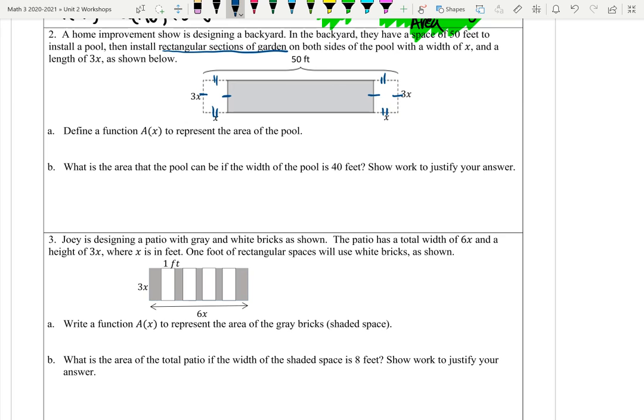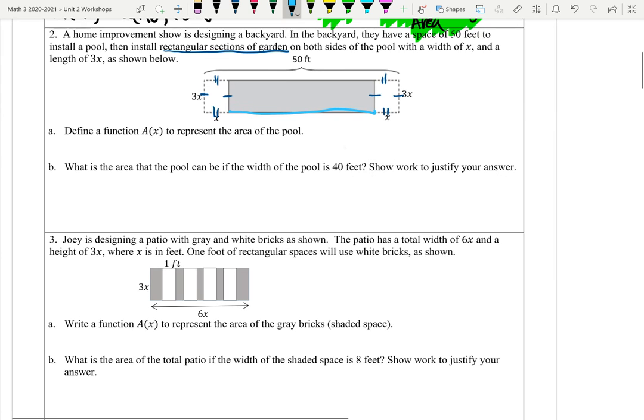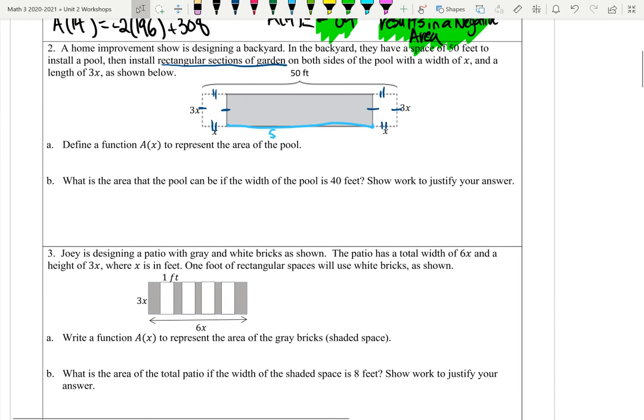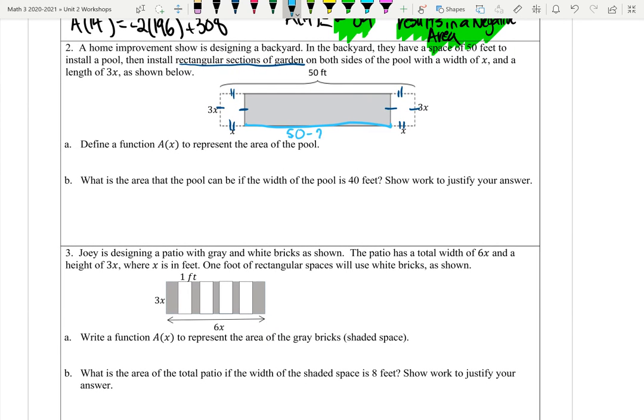So we need to, again, figure out what is going to be the length of the pool. I'm going to take 50 and take away 2x. Now what is going to be the width? I use my congruencies to know that it's going to be 3x.